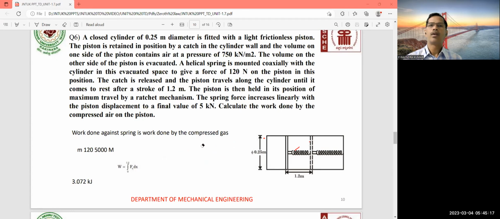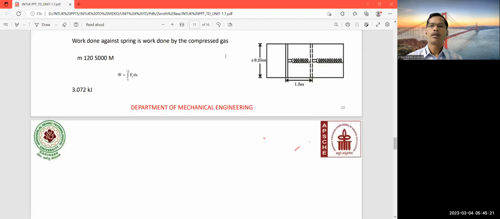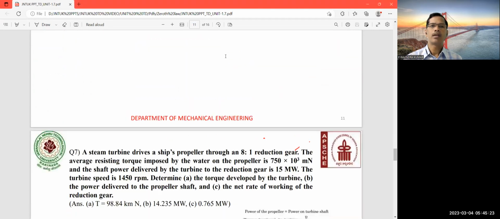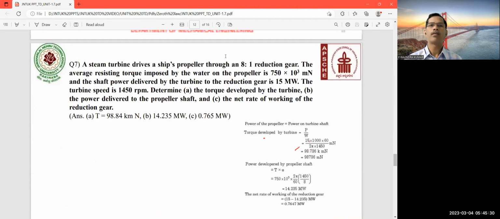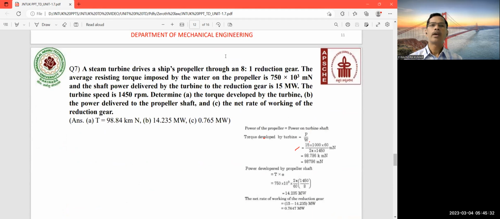So this is one problem. There is another problem here, also connected to work. A steam turbine drives a ship's propeller through an 8:1 reduction gear.